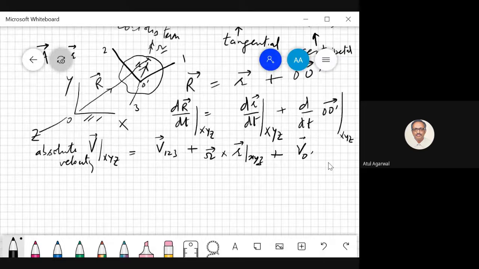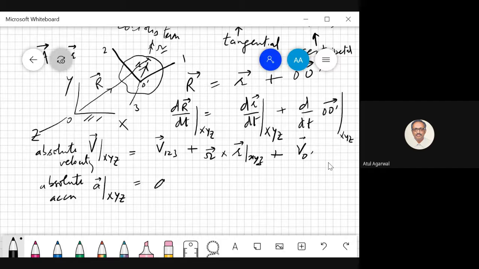Now you take its second time derivative, you will get the acceleration with respect to the XYZ system, or you can call it the absolute acceleration. So this will be equal to, as we did earlier, the same thing will happen.